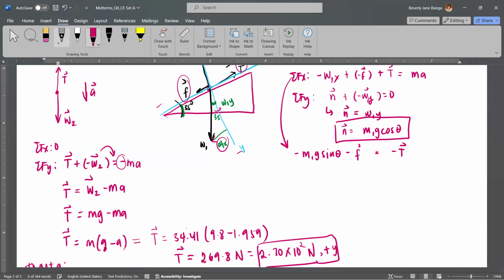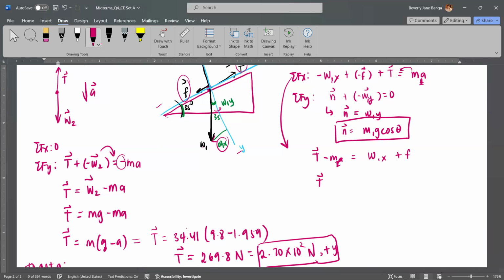So, mali pala ako. Palitan ko. Okay, so, ang gawin natin pala ay, para din ako malito, itong T, i-retain ko dito, si MA yung ilipat ko. So, I have T minus M1A is equal to W1X plus F. Okay?